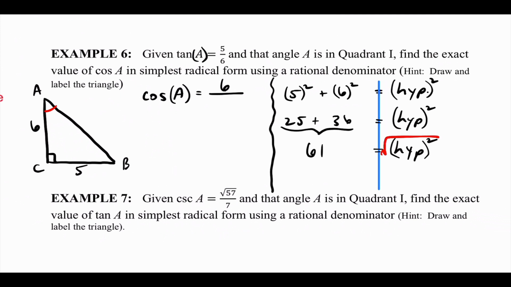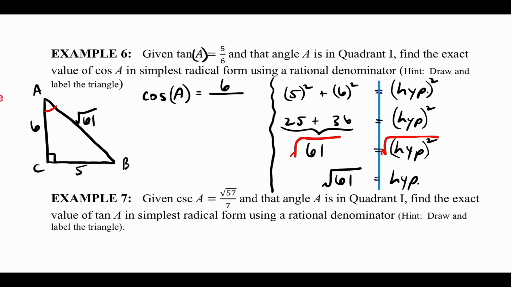Take the square root of hypotenuse. Does 61 have any pairs? I don't think so either. I think the only way to make 61 is 61 times 1. Makes it nice for us since we don't have to reduce it. So that means the missing side is going to be square root of 61.